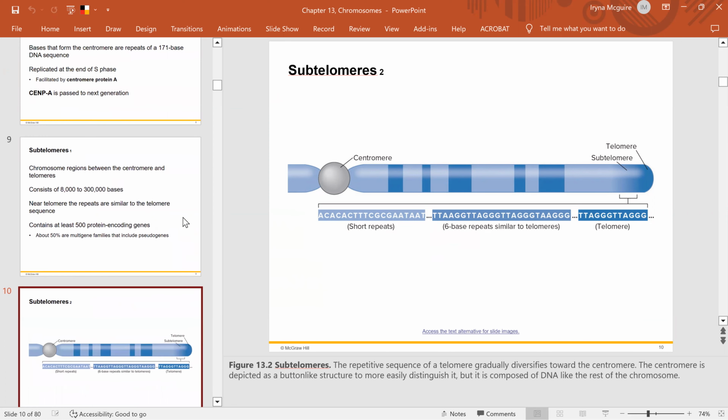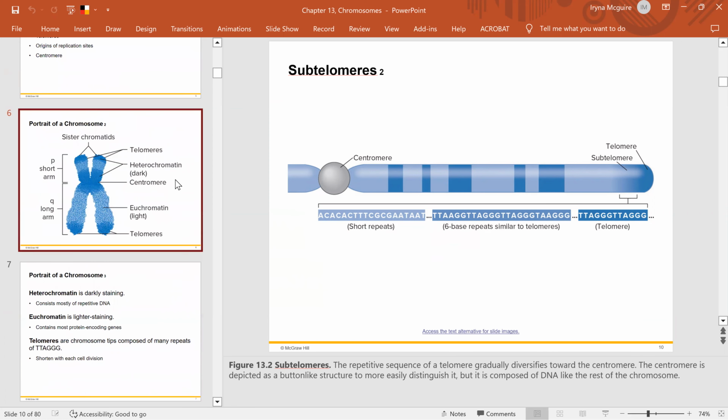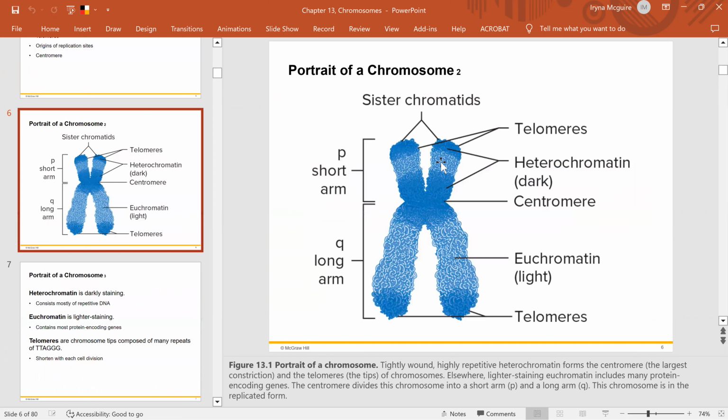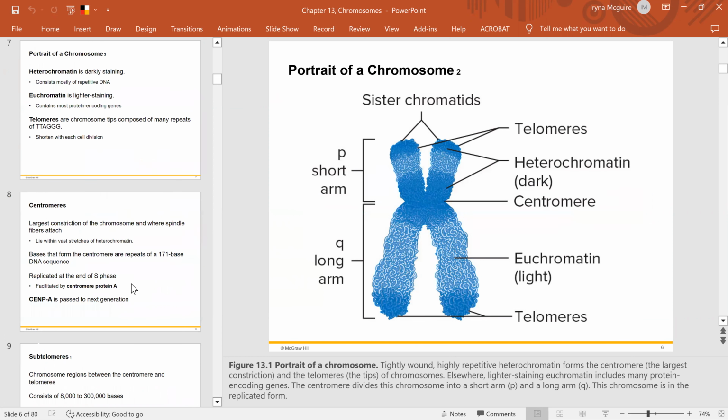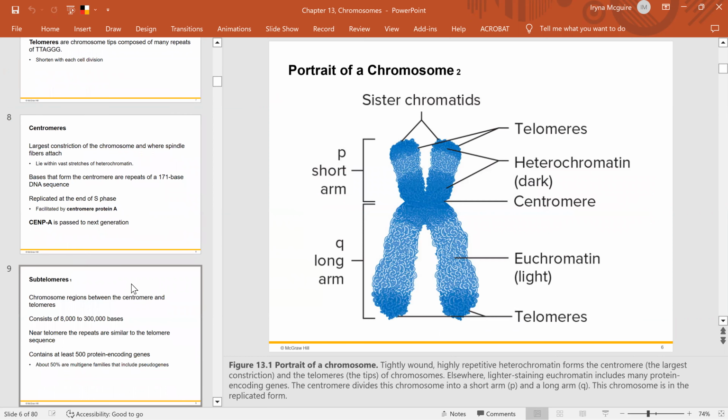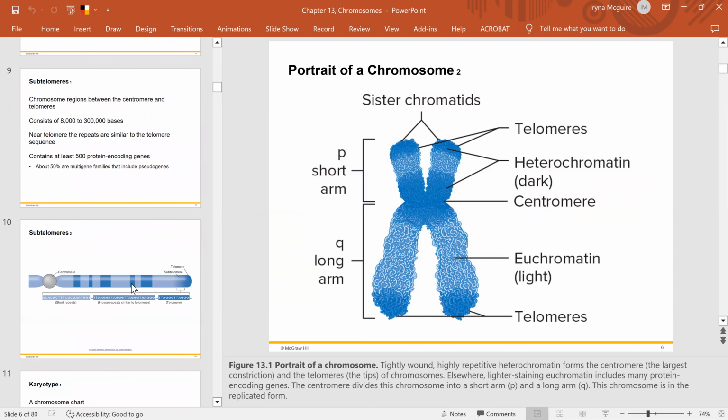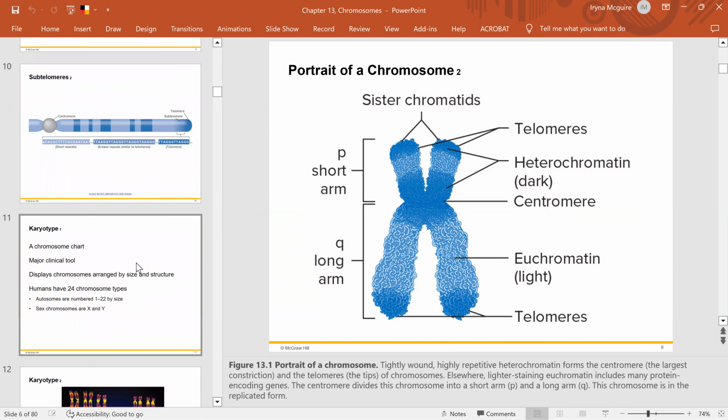Where it's located, the subtelomere, is over here where we have this heterochromatin. And that's mostly where you have those genes that code for protein. And remember, the whole purpose of your DNA is to code for protein.